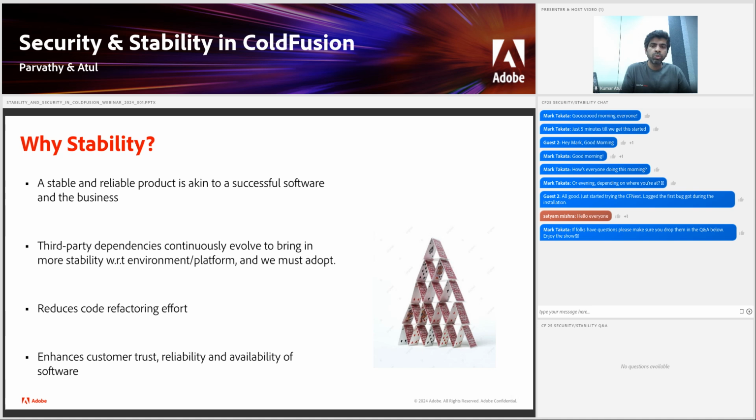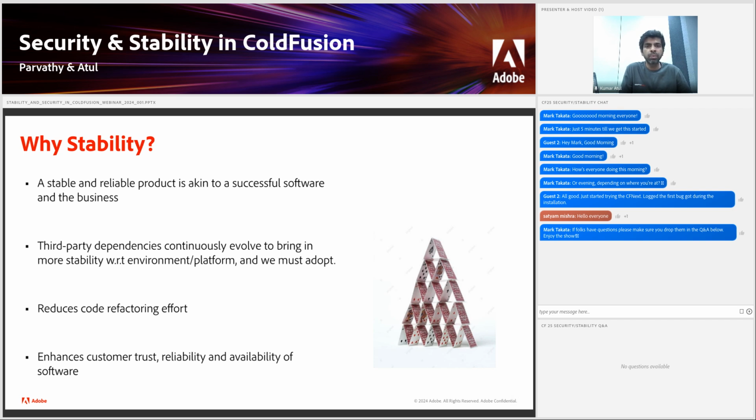We must adopt those changes so that our platform, which inherits those dependencies, is also stable. If we put continuous effort into this, it reduces our code refactoring effort. And again, we see that with a stable product, it enhances customers' trust, reliability, and availability of the software.